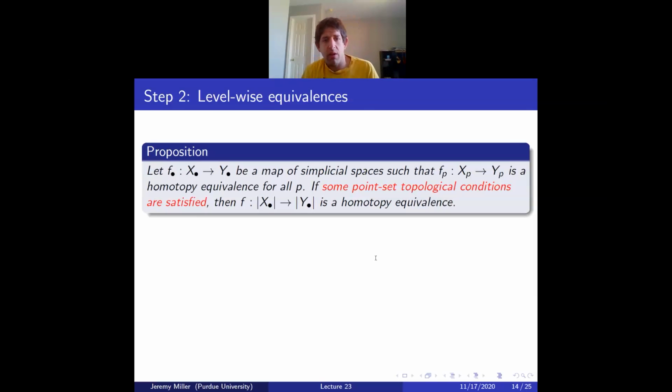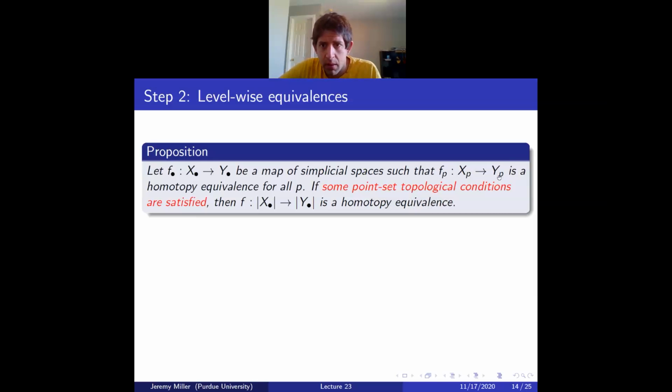So the key proposition that we'll fill in, what's written in red, is that if you have a map of simplicial spaces, and if the map on the space of P simplices is a homotopy equivalence for all P, and if some conditions are satisfied, then the map on geometric realizations is a homotopy equivalence.